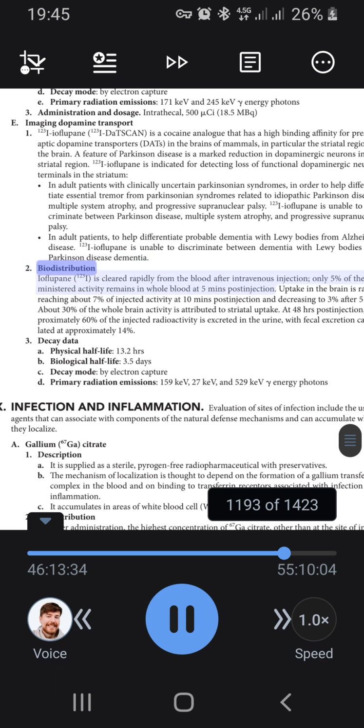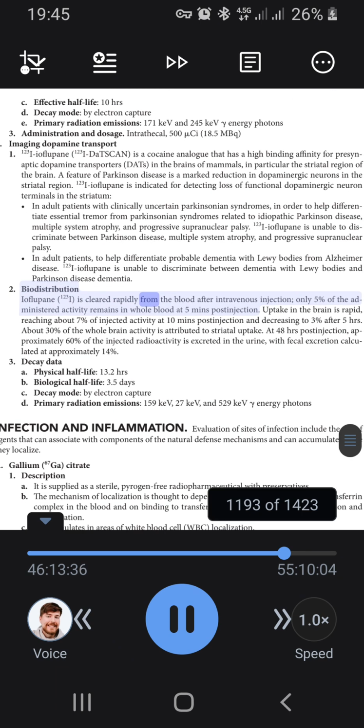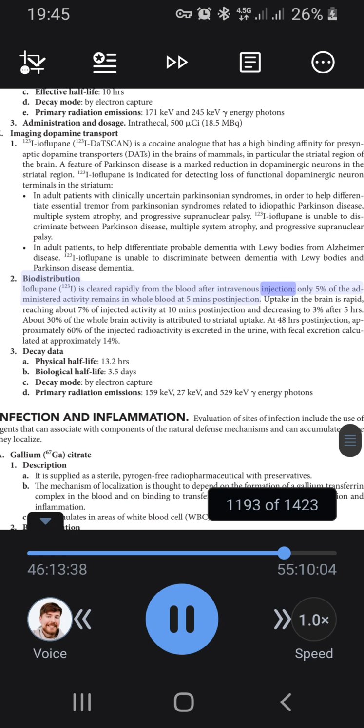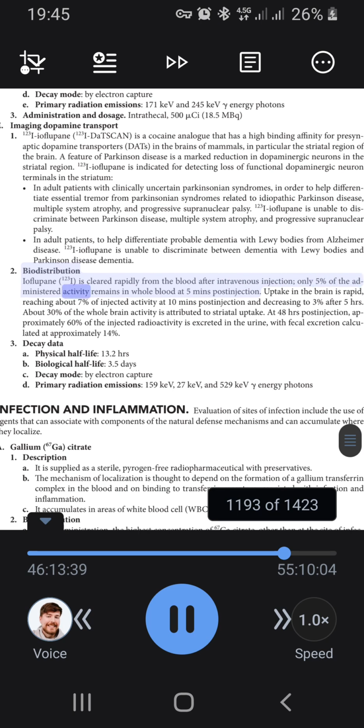2. Biodistribution. Ioflupane I-123 is cleared rapidly from the blood after intravenous injection. Only 5% of the administered activity remains in whole blood at 5 minutes post-injection. Uptake in the brain is rapid, reaching about 7% of injected activity at 10 minutes post-injection and decreasing to 3% after 5 hours.